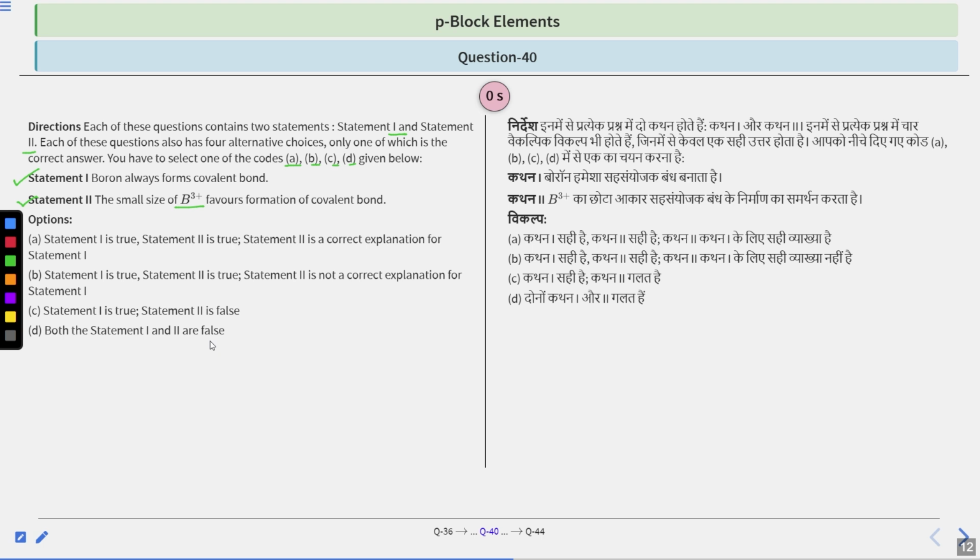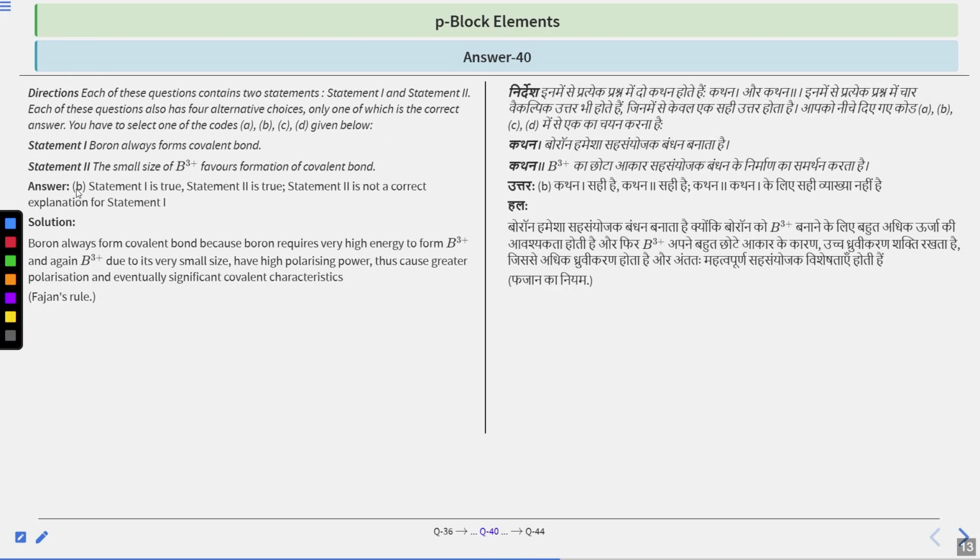Okay, let's see. So the correct answer is option B, that is statement 1 is true, statement 2 is true, statement 2 is not a correct explanation for statement 1. So boron always forms covalent bonds. It is a fact. It is because boron requires very high energy to form boron 3 positive, and again boron 3 positive, due to its very small size, has high polarizing power, thus causing greater polarization and eventually significant covalent characteristics.